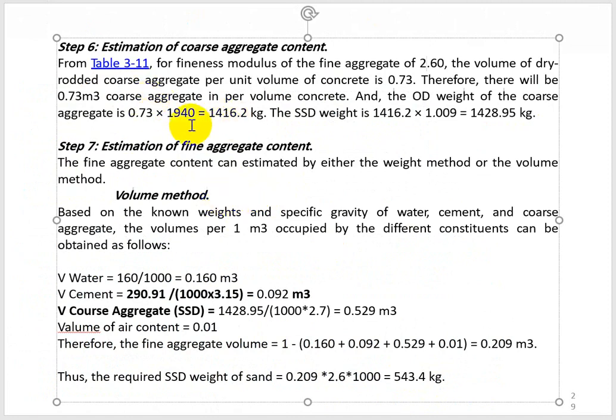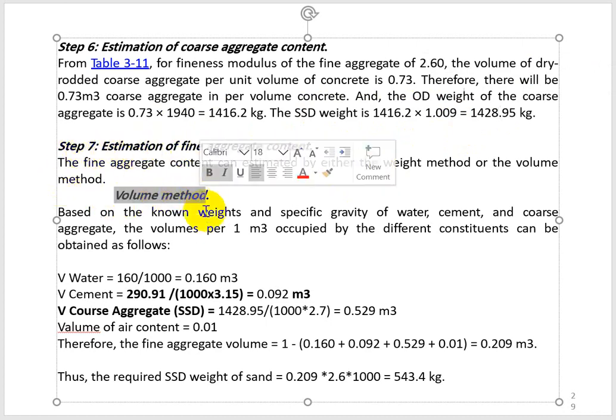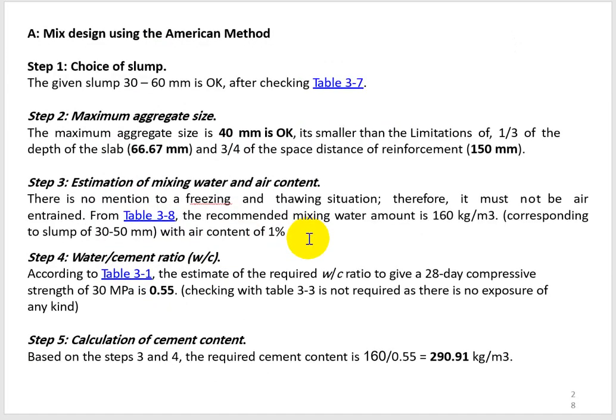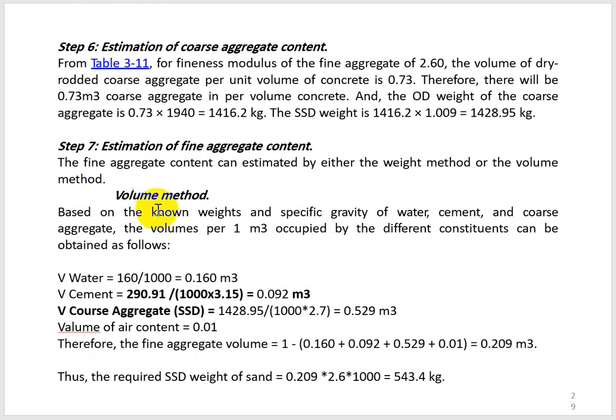Okay, so then multiplying that by the dry rod density, and then convert it to the SSD by adding the absorption capacity, so we get that amount. Then we go to step 7, estimation of fine aggregate, and in that case, as long as there hasn't been any mention in this example that you need to use a specific method, it's up to you to use either the weight or volume method.